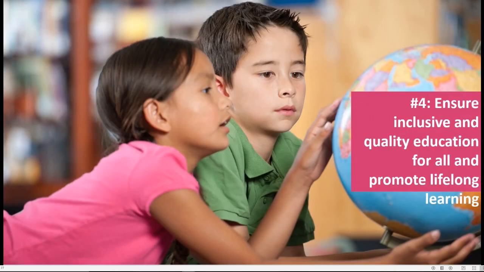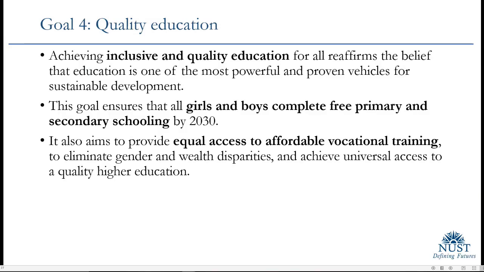All right, fourth SDG is to ensure inclusive and quality education for all, and promote lifelong learning. Quality education, in labor economics, we have seen that it's not only about increasing average years of schooling.